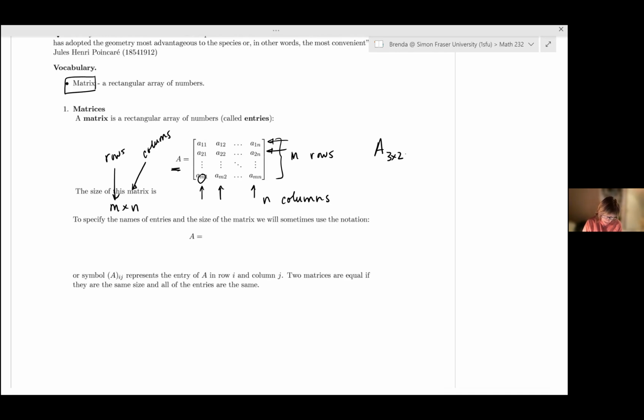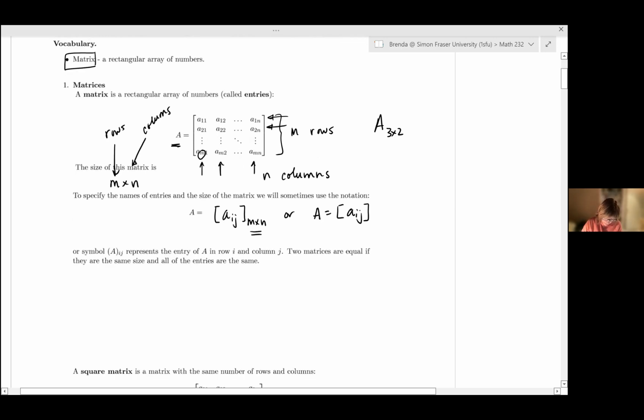Okay, sometimes we can use slightly different notation. Sometimes we will use the notation like this, the matrix with entries a sub i j in square brackets, of size m by n. Sometimes we will omit the size indicator and just say the matrix A, which consists of the entries a i j.